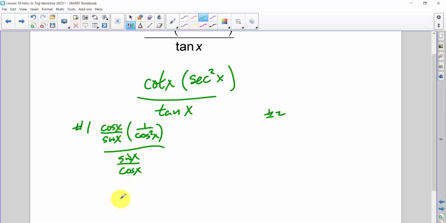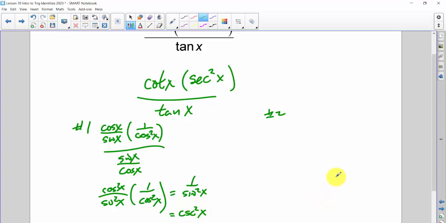We can multiply by the reciprocal. When I multiply by the reciprocal, I get cosine squared over sine squared and 1 over cosine squared of x. Notice the cosine squareds go, leaving me with 1 over sine squared of x, which is equal to cosecant squared of x.